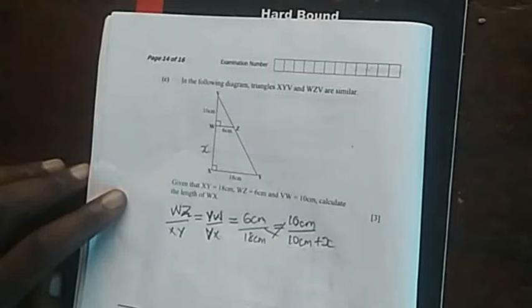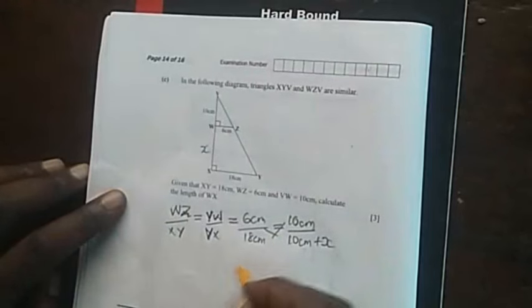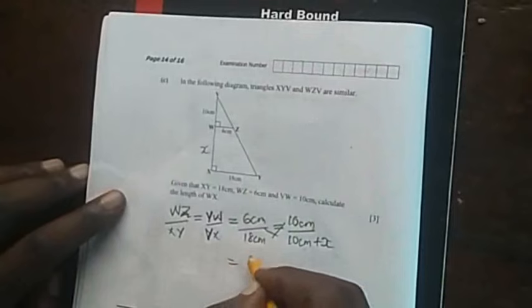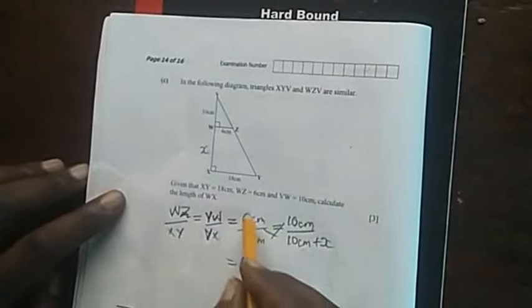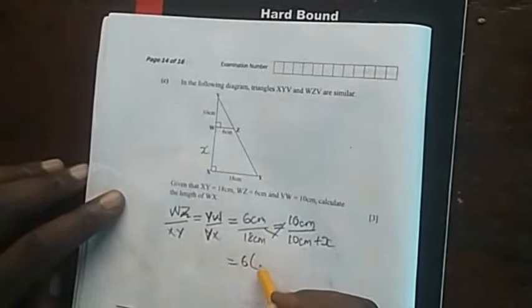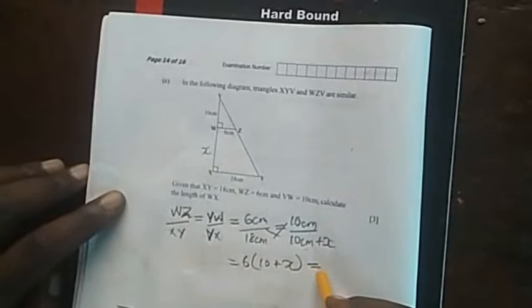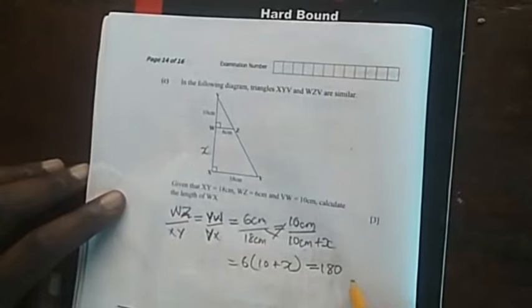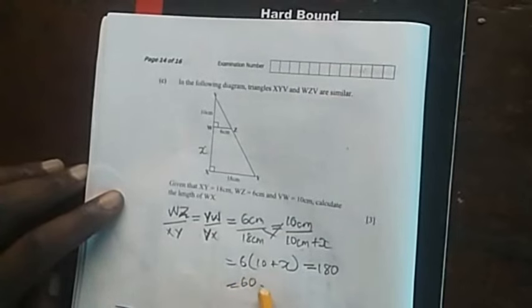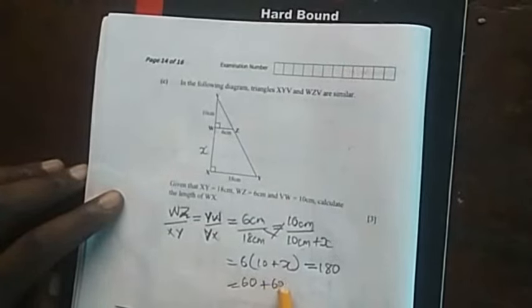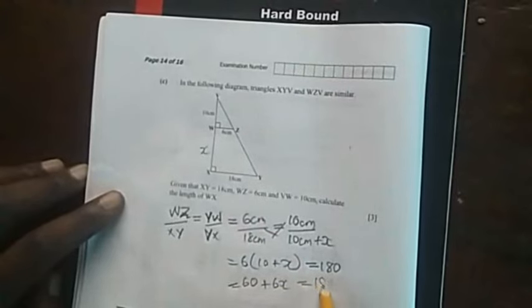Okay, so we can come up with something like 6. I'm going to ignore units a bit, so I'm going to say 6 open bracket 10 plus x is equal to, then when we cross multiply, this is going to give us 108. Okay, then we are going to expand this, which is going to give us 60 plus 6x is equal to 108.